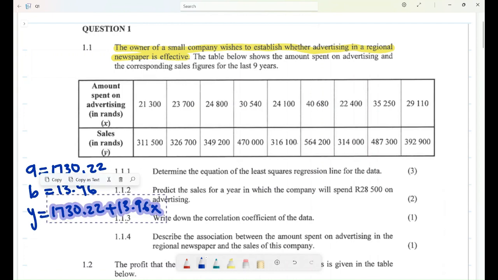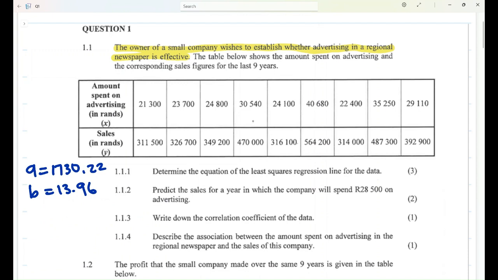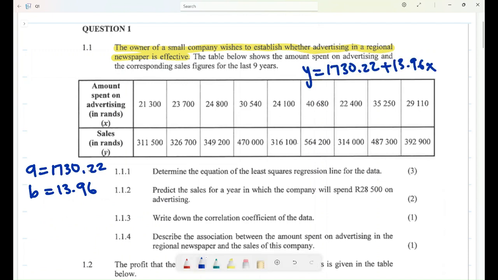This should be your equation, and we're going to use it in most cases. For an easy 3 marks, you can also write only this, because it is 1 mark for a, 1 mark for b, then the last mark for the equation.